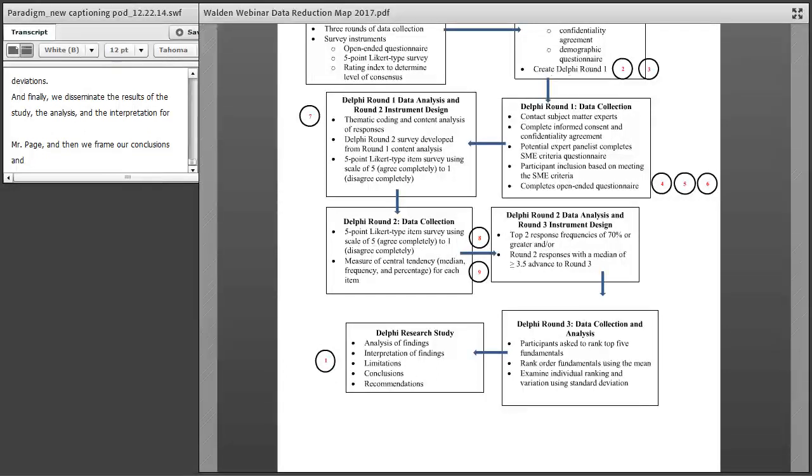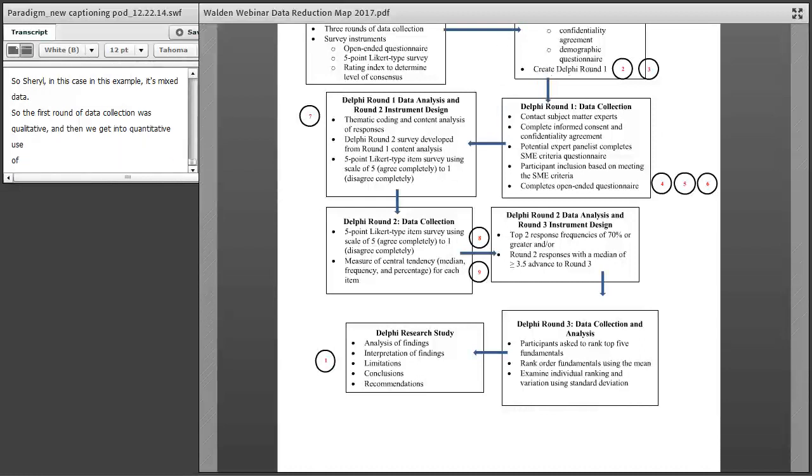So a couple of questions. Are there quantitative Delphis? Are they different from qualitative? So Cheryl, in this example, it's mixed data. The first round of data collection was qualitative, and then we get into quantitative use of, in this case, basic descriptive statistics.